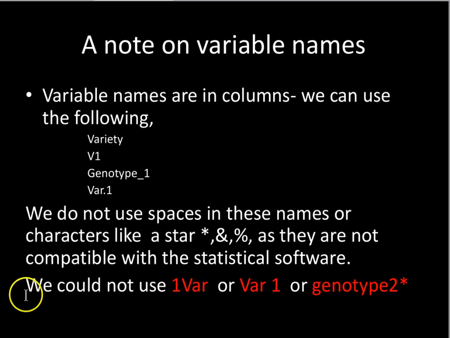So just at the bottom here, we could not use 1var, and that's because it starts with a number. We can only start with an alpha or a dot. And we couldn't use var space 1 because it's got a space in. We couldn't use junior type 2 star because it's got a star in.